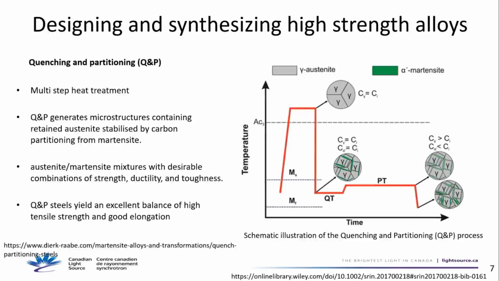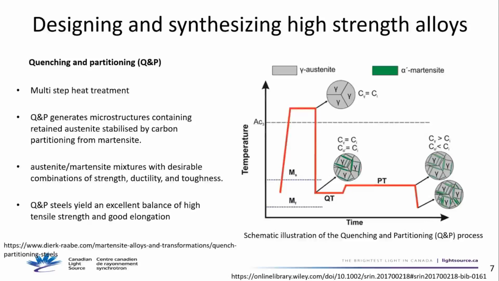They heat the austenitic steel to red hot, very hot, and then they quench it quickly, getting the transformation of part of this austenite to martensite. And then they heat it just a little bit to allow the carbons to move from the martensite to the austenite, and that's going to make the composite here more stable.